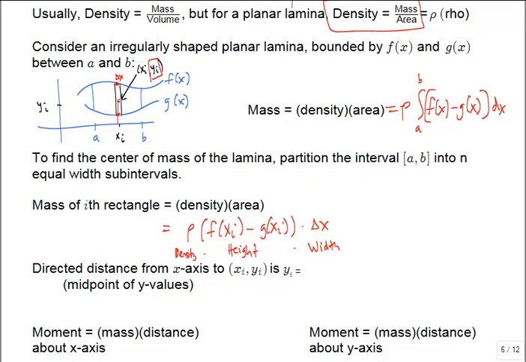So the formula for this y sub i, this center height, is just f of x sub i, the top point, plus the bottom point g of x sub i, divided by 2. It's just the average of the top and the bottom endpoints. So it's sort of that midpoint of the y values.